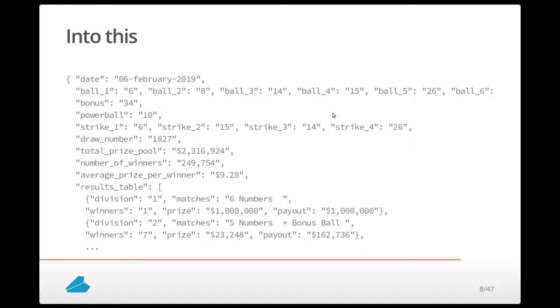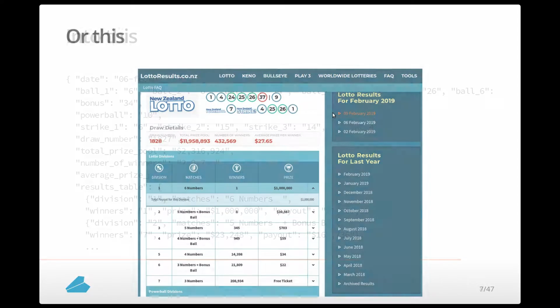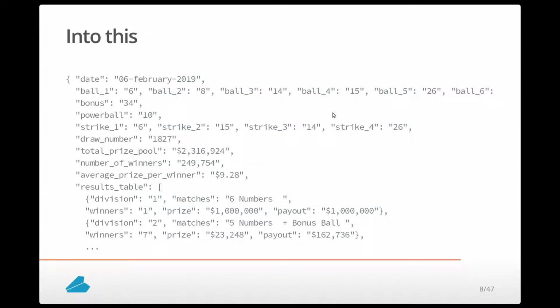So what have we got here? You've got the date that the draw happened, and then all the raw results, and then you've even got the table all pulled in, the results for each division and all that sort of thing. Pulling the table was the most annoying bit, actually. It was annoying, but it was still one night that I managed to do all of this, so it's not that bad.